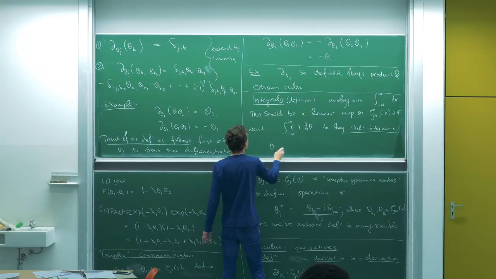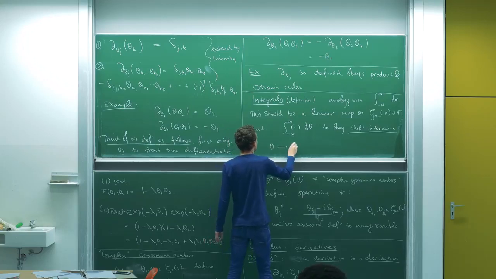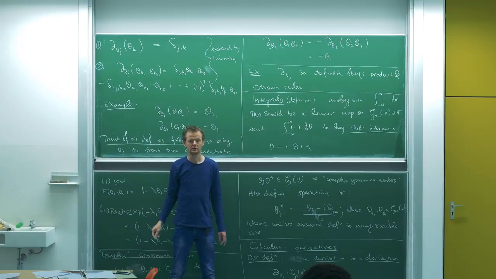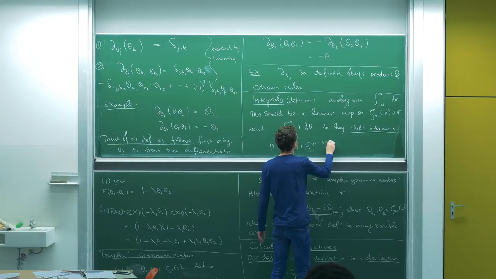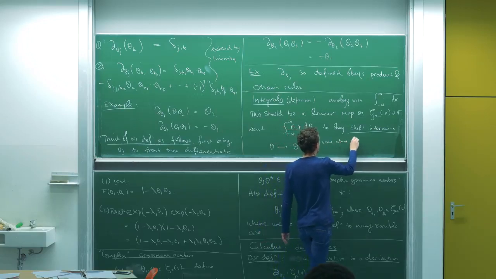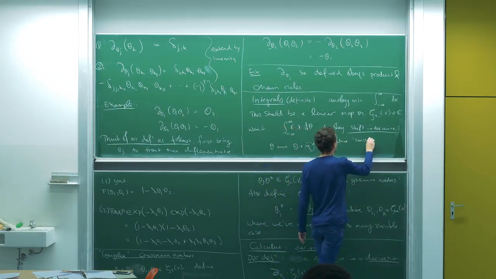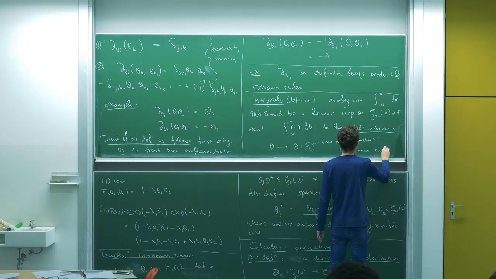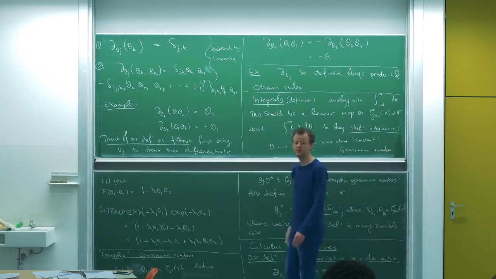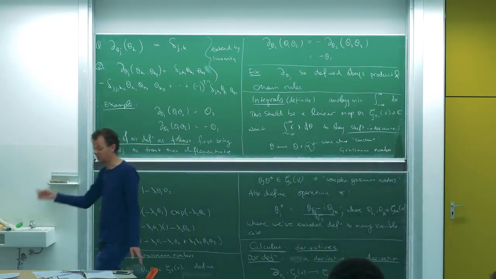So that if you send theta to theta plus eta, well, this is just some other Grassmann variable, then when you do that shift, you should get the same answer.